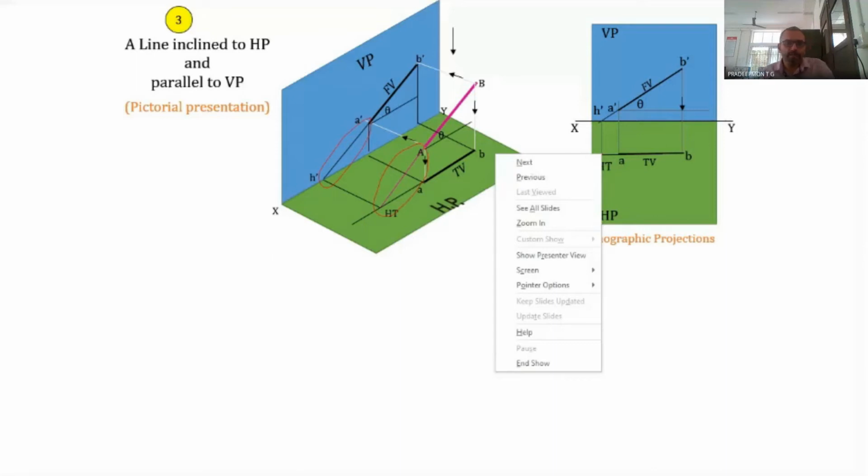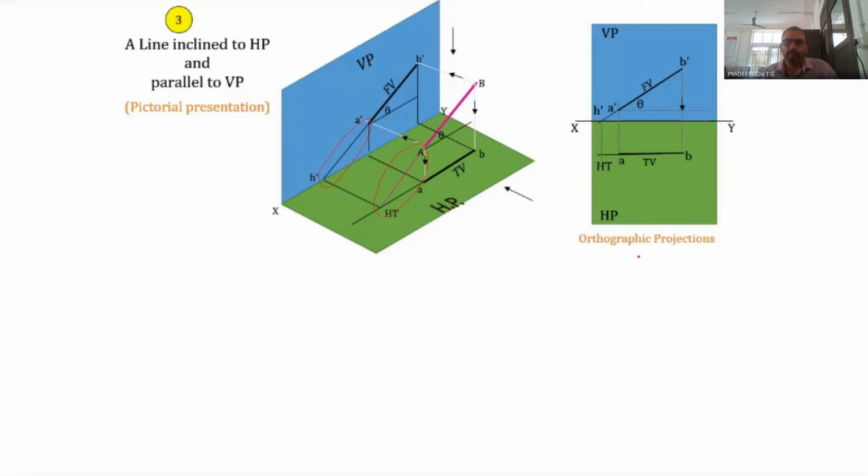That particular point is an important point. HT is an important point since it is the point of intersection of the line with our horizontal plane. HT is the horizontal trace. Trace is the point of intersection of a line with the reference plane. When the line is intersecting with the horizontal plane, it is the horizontal trace.